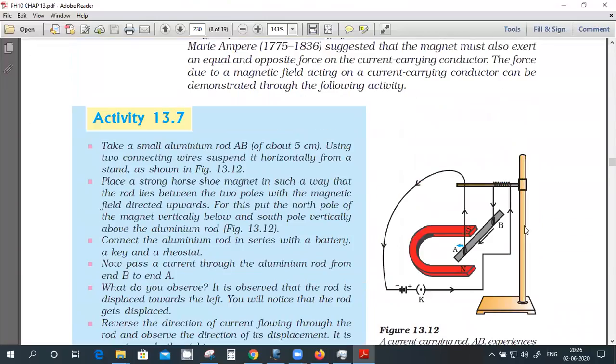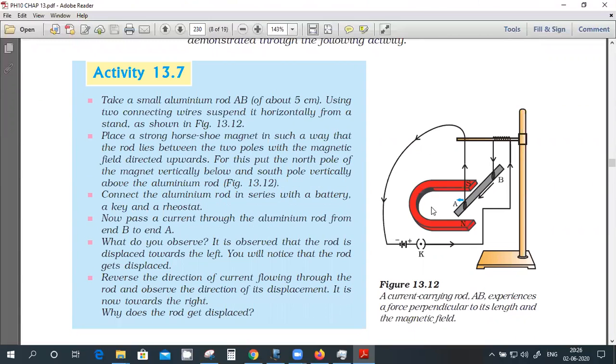This is a permanent magnet, a horseshoe magnet, and this is a current carrying wire. When I bring it close to it, there will be some deflection. This red one is the permanent magnet, and this gray AB is a current conductor. The current is flowing through it because of the external circuit. Some battery is there and a key is there.